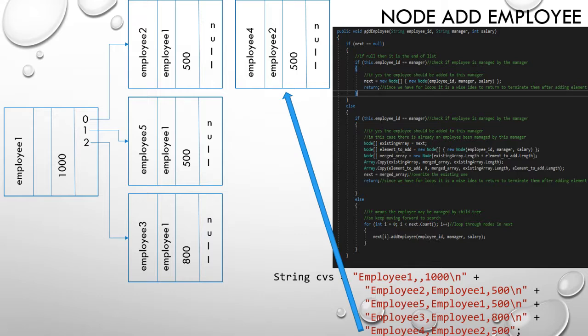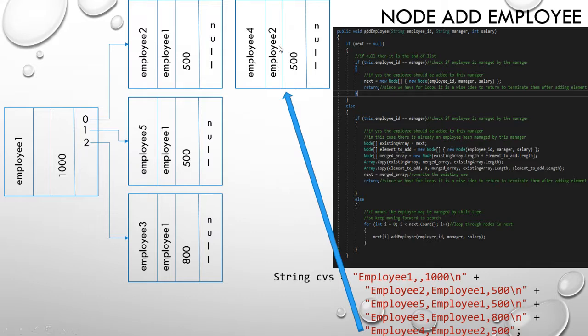Then we are going to check if employee 4 is managed by employee 1. In this case, no. So we are going now to jump again into the else part. Here things get interesting because we are going to use a for loop in order to go through all these elements in our array, because we don't know where employee 2 is located and the system doesn't know.